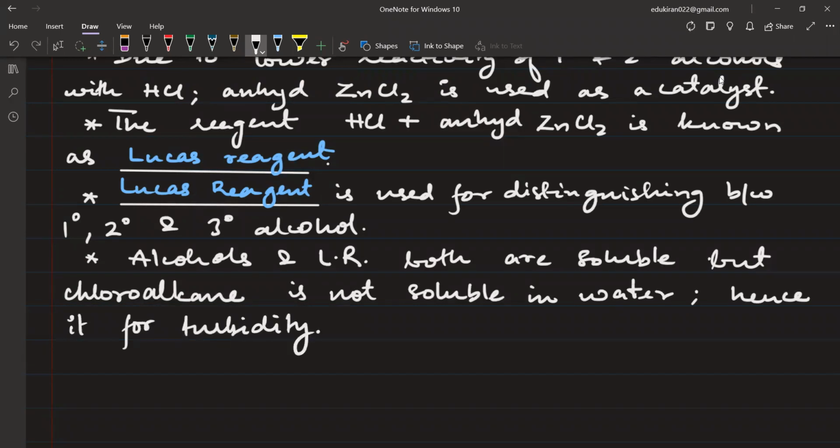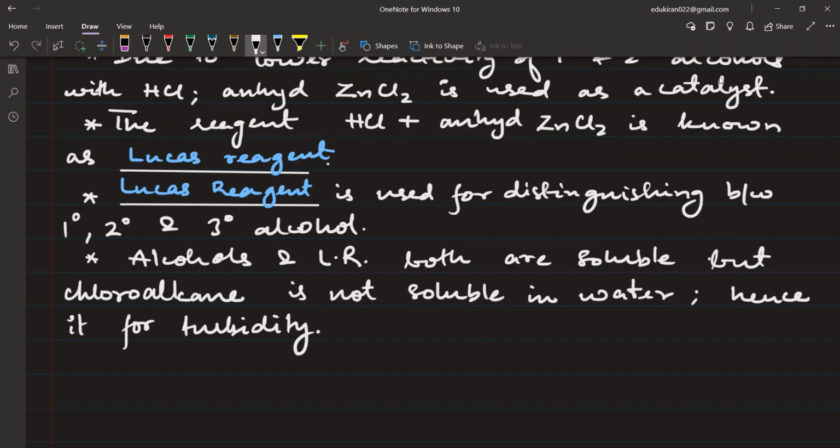That is why, whenever you have some type of distinguishing or some type of test, then you should be knowing about the product by one of the 5 senses. You should either smell something when the reaction happened, or feel something like heat, or see some change, right? So right now we are using the sense of our eyes. When we have alcohols, there is no color, no turbidity, no precipitation.